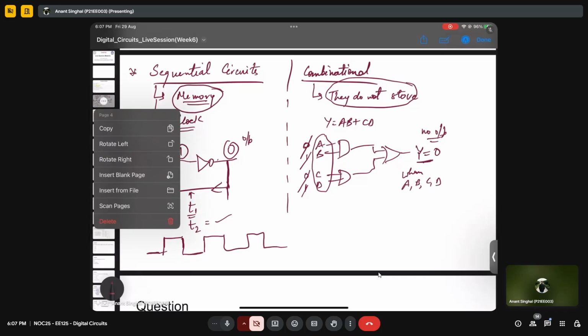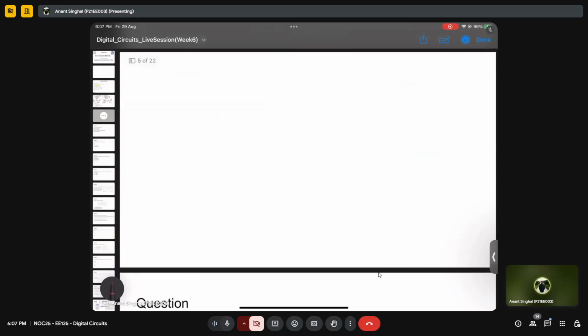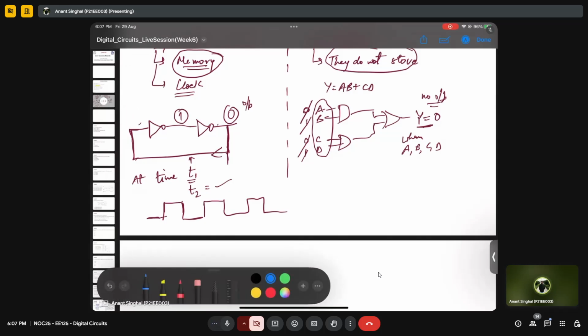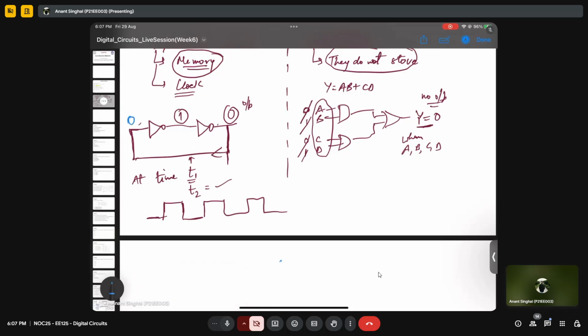Again, regarding the sequential circuit, how to store the memory. As I said, let's say I have given an input which is 0 here. Let's say I've given it in the morning, 8 a.m., for example. So according to the circuit that we have made, this will be 1 and this will be 0 all the time, right?